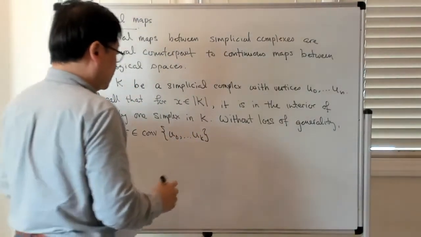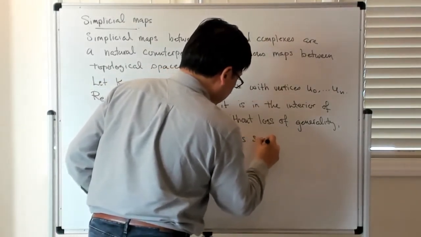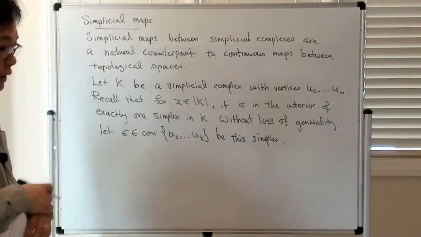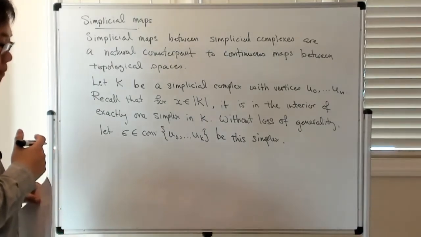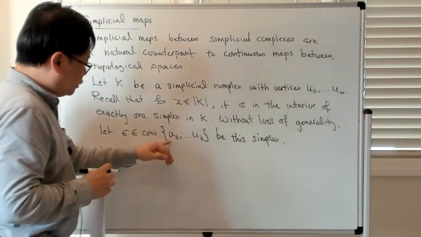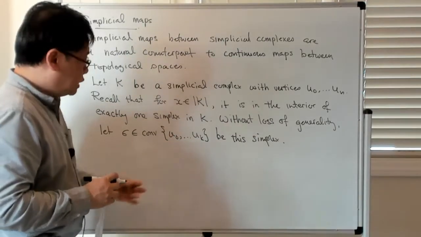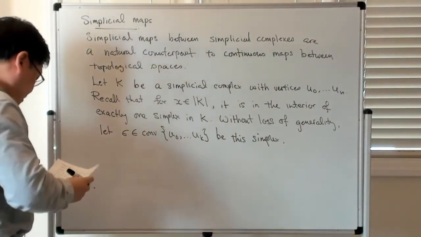What it means to be in the interior, if you recall, is that you can write X as the convex combination of U0 to UK with the additional property that all the coefficients in that expansion are positive, not just non-negative.